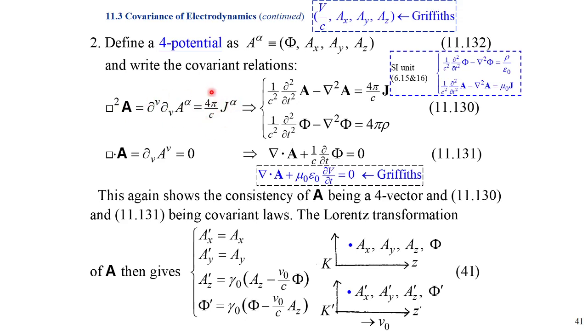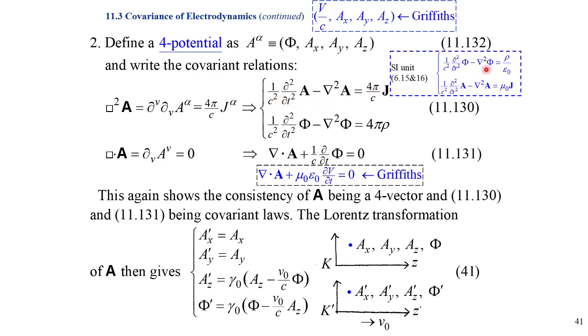How do we know? We know the form of J, and we know the vector potential and scalar potential satisfy inhomogeneous wave equations.